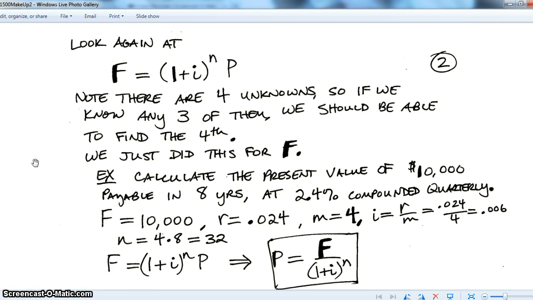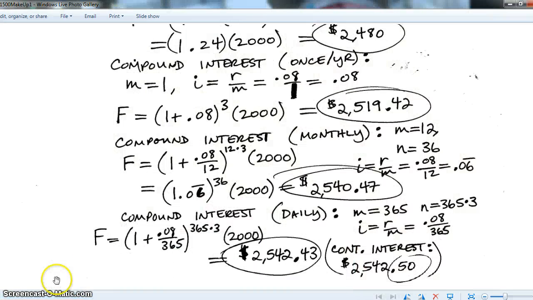If you have an equation with any number of variables, if you know all but one of the values of the variables, you should be able to solve for the other one, because you get an equation just for that. So I'm going to go through some examples where we do this for all 4 of them. We just did it for F. That was just the last example. We were finding the future value given the other 3.